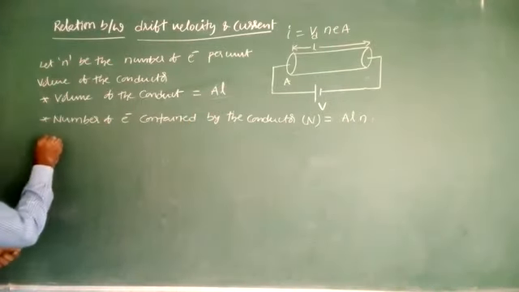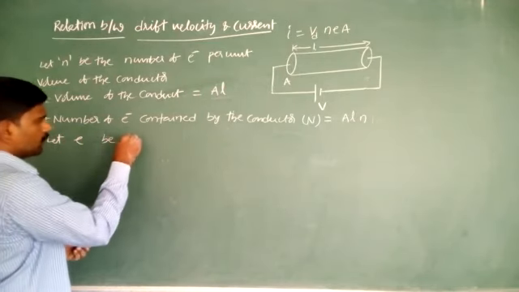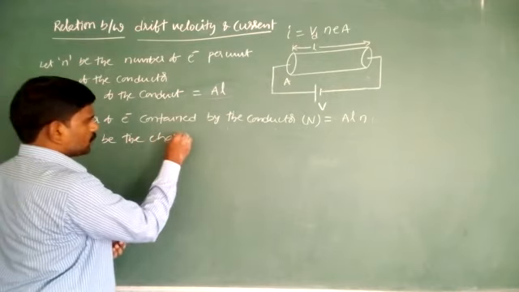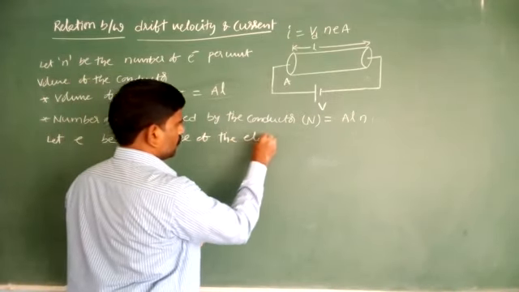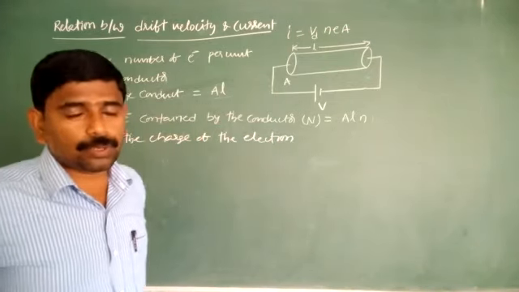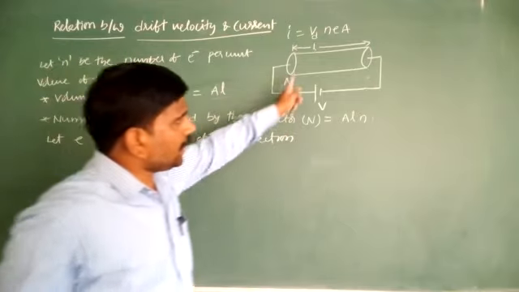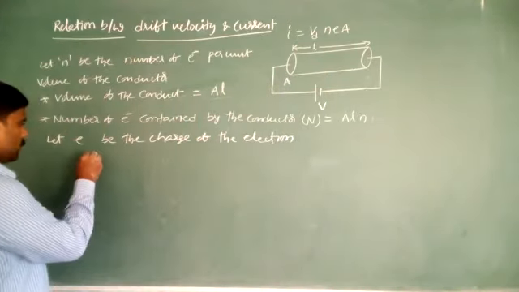Let small e be the charge of the electron. Therefore, the total charge of all the electrons contained by that conductor is equal to how much?